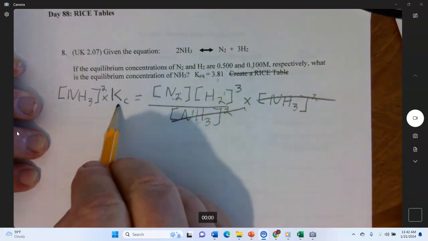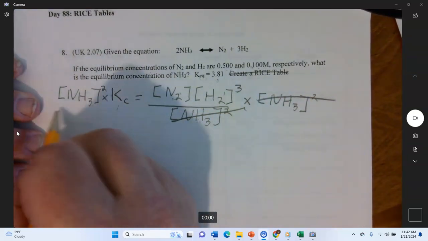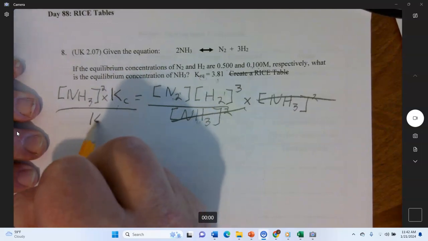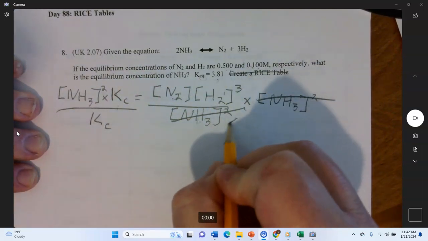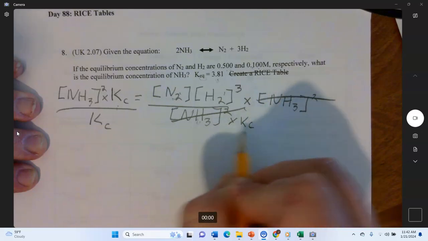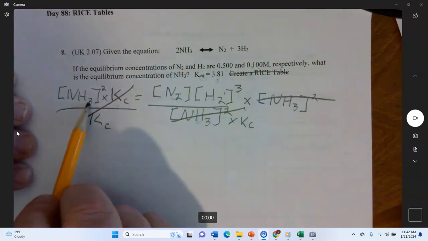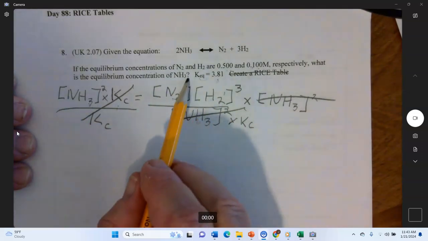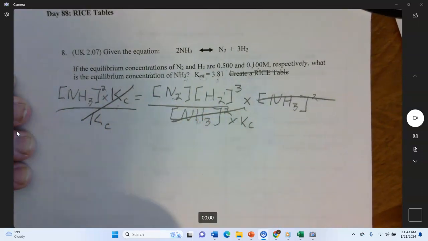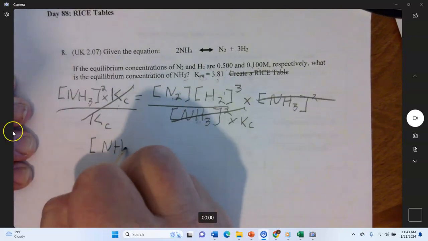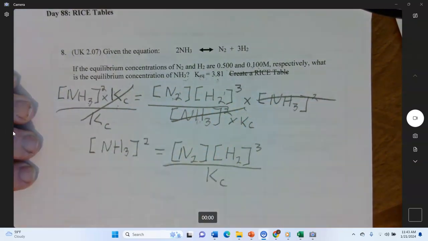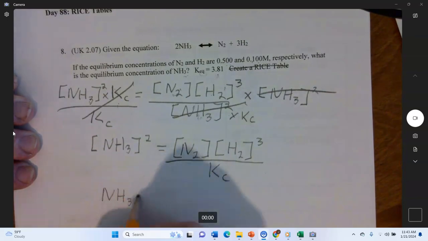Okay, now we're going to divide both sides by Kc. Cancels over here. And so now we've solved for NH3, which is what we want to know. We're going to have to take a square root, but we solved for it. So let's rewrite it. Now we're ready to plug in the numbers.